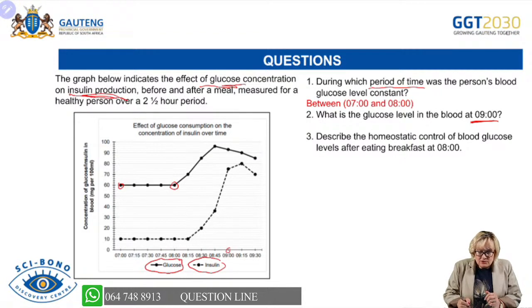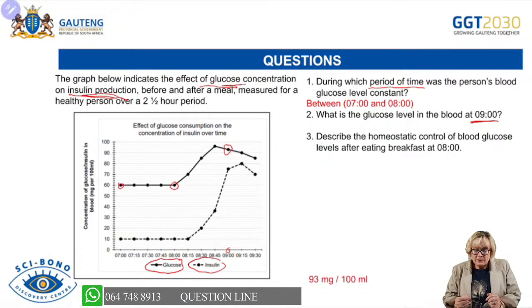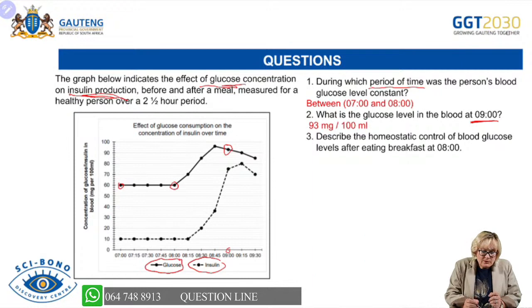So what are you going to do? You're going to put your ruler here and you're going to read, and they want to know the glucose level. So we're going to go all the way up to there. And that is what we need to read. And remember, you're going to give a value plus a unit, because on the y-axis there's a unit given there.